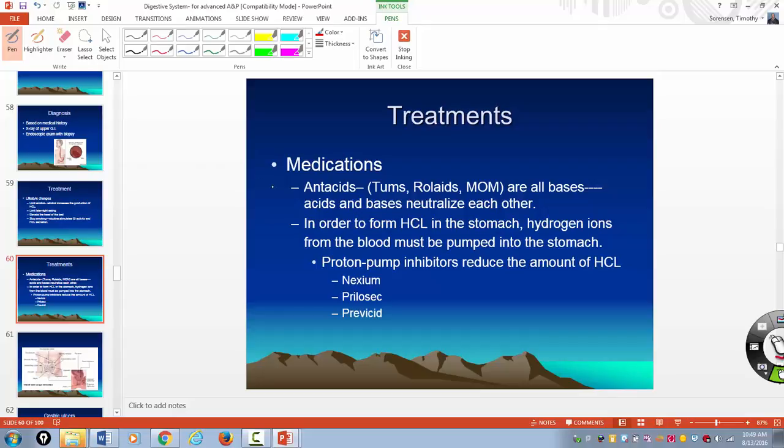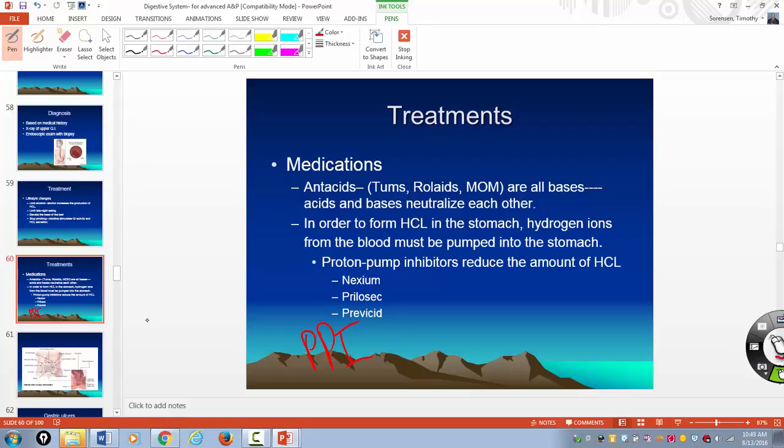And those were the older generation. The newer generation now are designed to prevent those proton pumps from pumping the hydrogen ions into the stomach. So you have PPIs, proton pump inhibitors, Nexium, Prilosec, Prevacid, Protonix, right? Those are the newer generation.